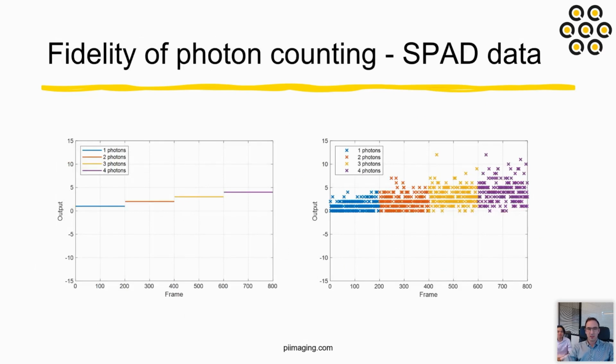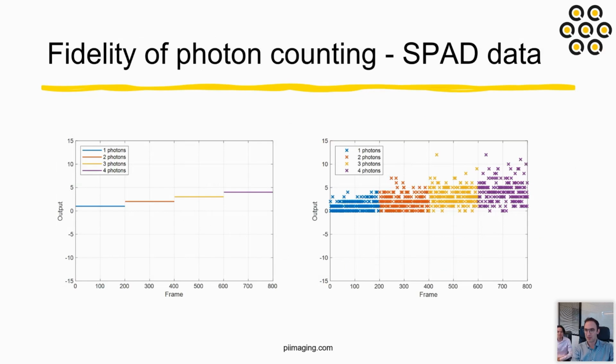How is this possibility to count photons translated into data? Here we are showing you an input on the left-hand side: 1 photon, 2 photons, 3 photons, 4 photons. When we switch to light detection, for example with a SPAD image sensor, we of course introduce Poisson statistics, or Poisson distribution.